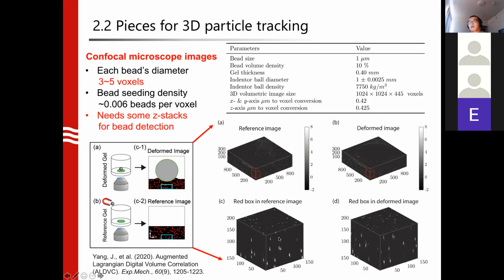You have particles in the images that are not overlapped, not too dense, but not too sparse. You can use these particles to measure the deformation. Even if you have just a single layer of particles, you should have at least 3 to 5 voxels to better find the centroid of each individual particle. So please pay attention to this when you design or scan your images.